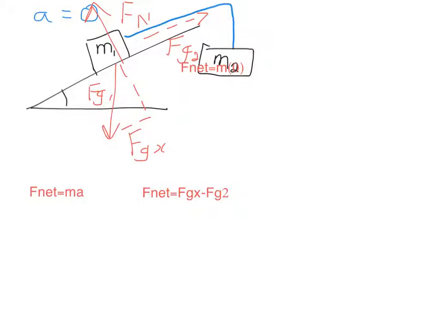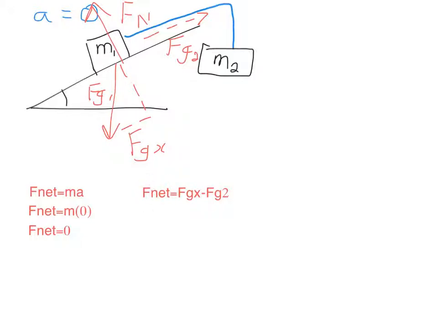So hopefully we can see that F net is going to be 0. In this case, it didn't even matter what the mass is, because whatever the mass is times 0, that is 0.